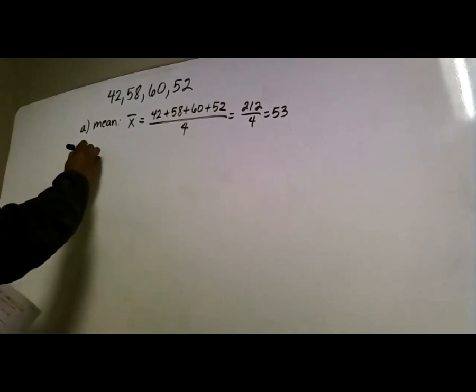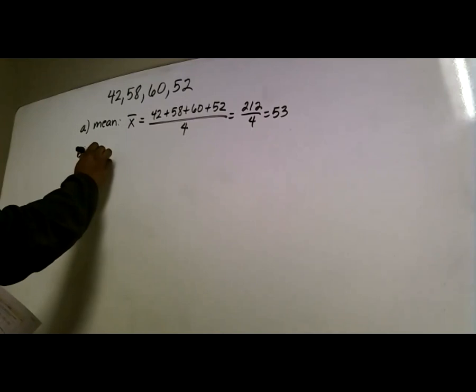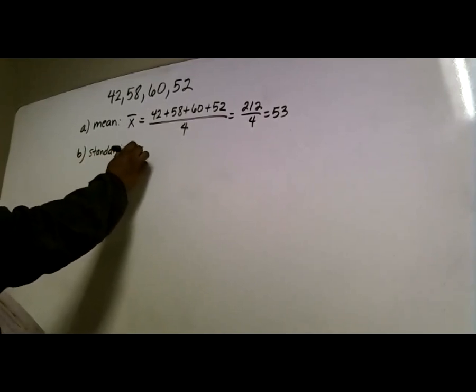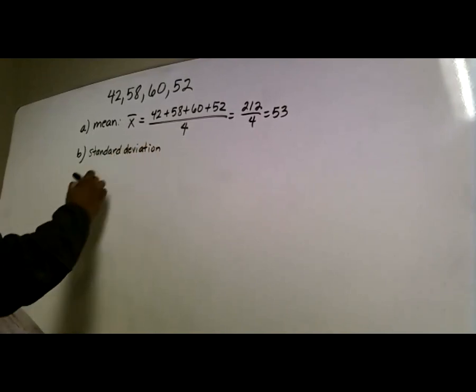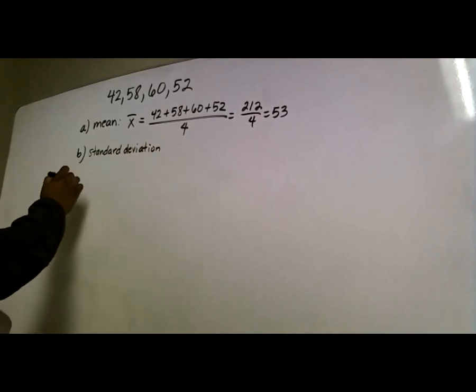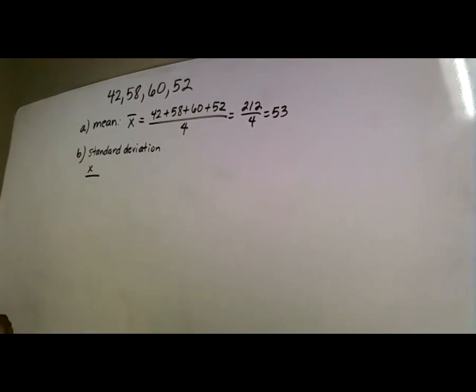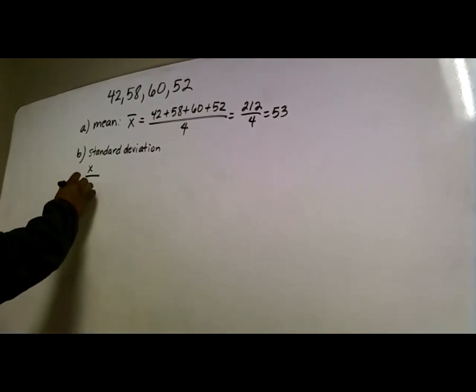Now for part B, they want the standard deviation. So I'm going to create the table here. The first column would be the X, which is your data values.